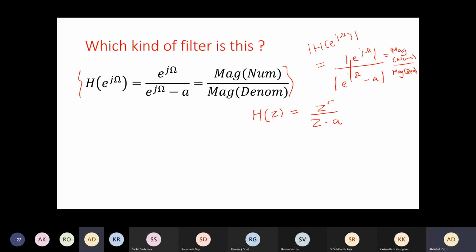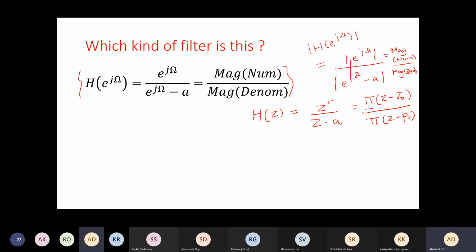Though it is not in that form, let us think of the numerator as a product of terms Z minus Z naught, and the denominator as a product of terms where one component is Z minus P naught.